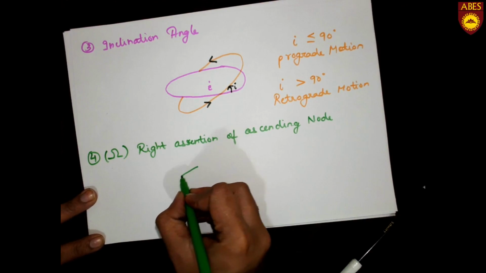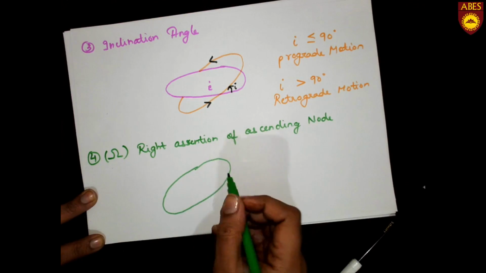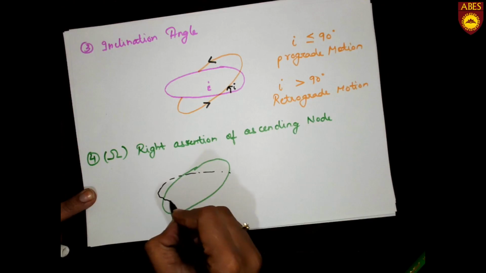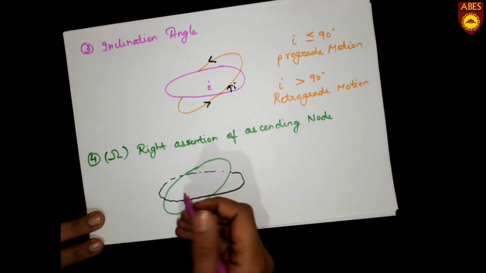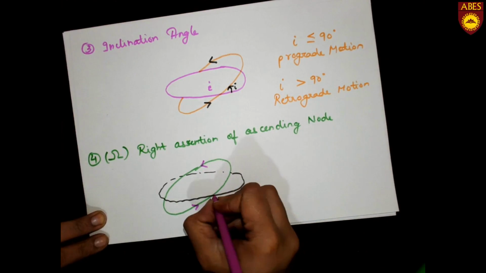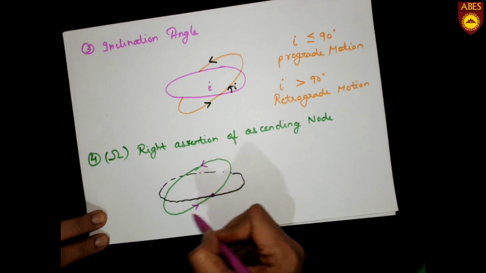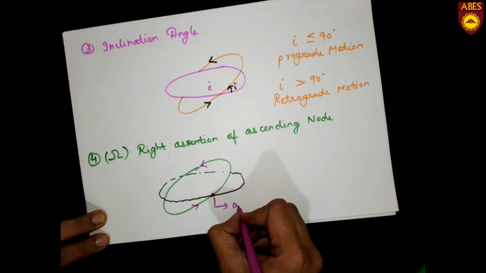If we consider this to be the orbit of the satellite, and this to be the equatorial plane, and the satellite is moving from south towards north, then the point where the orbit of the satellite cuts the equatorial plane is the ascending node.